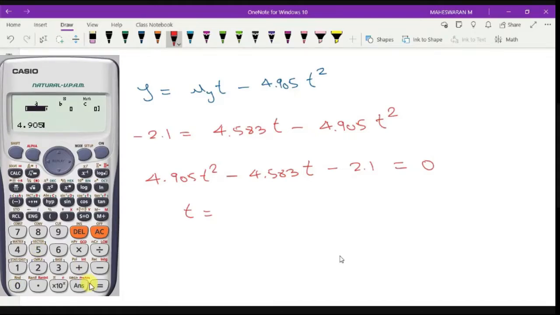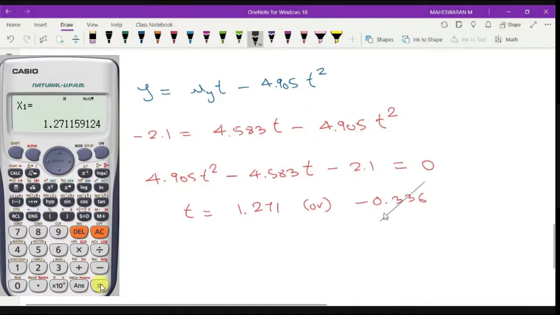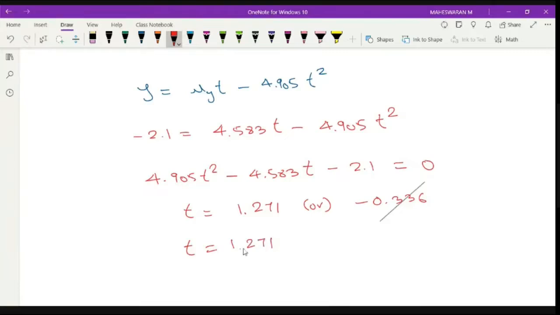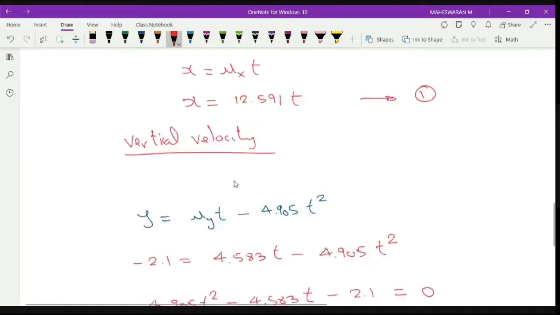Sir, 1.271 is one value, sir. 1.271 and the other value is minus 0.336. So this is not applicable, right? This value is not applicable because negative time is not possible. So only this value. So which means my t is 1.271 seconds, right? Now I can identify what is the value of x.